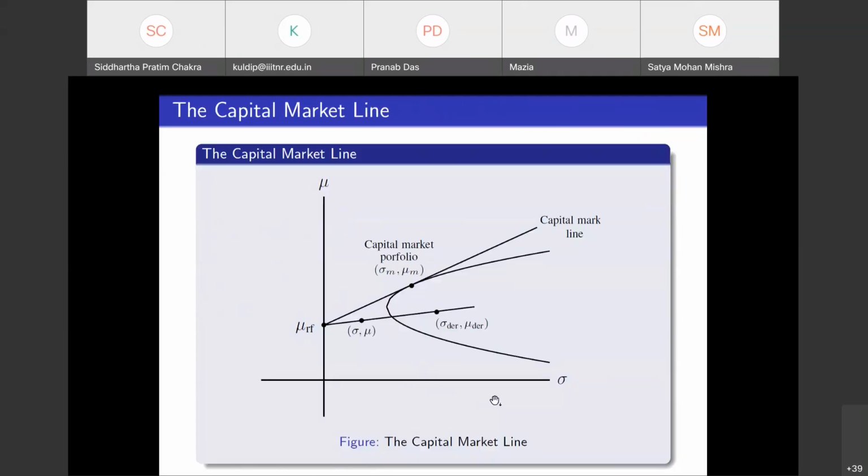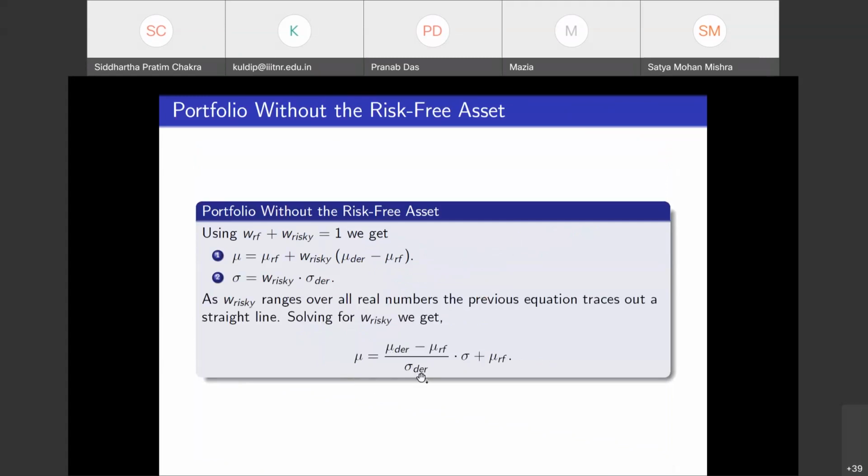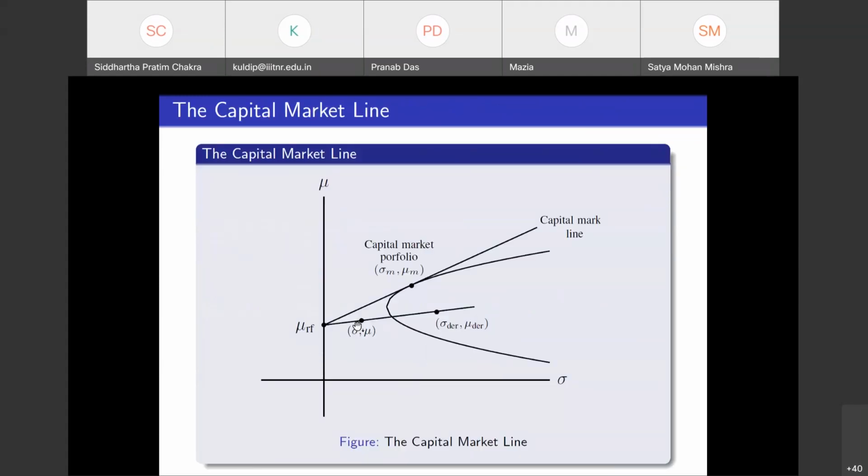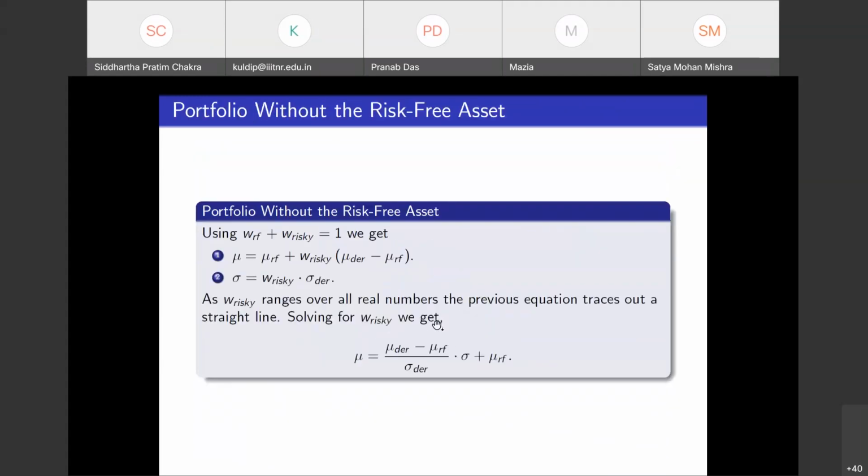See here, this mu dir and sigma dir, there are many combinations of mu dir and sigma dir, right? They basically get a corresponding combination of sigma and mu. So that means this mu sigma and mu dir sigma dir can be connected by a line.